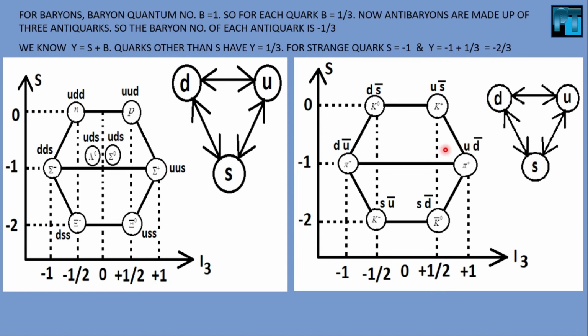But for mesons, quark contents are only 2, one quark, one anti-quark. Here also you have to cram only one quark content, u s bar, suppose. Then from this to this becomes d s bar. From this to this scheme, this becomes u d bar. Similarly, this becomes d u bar.